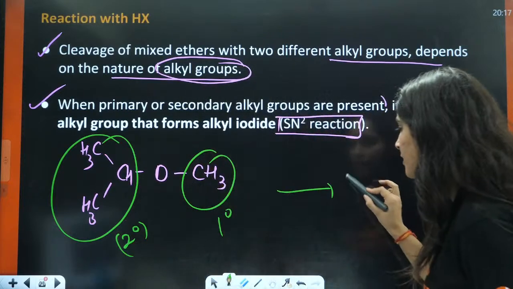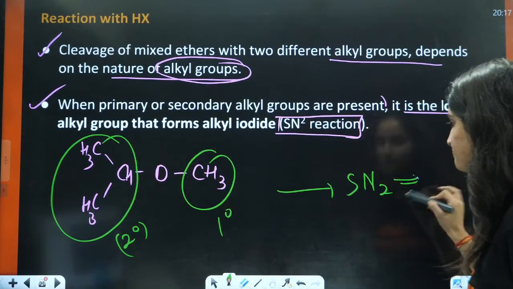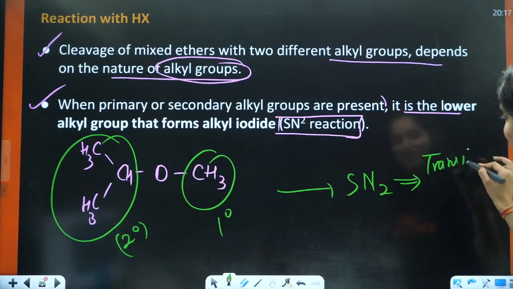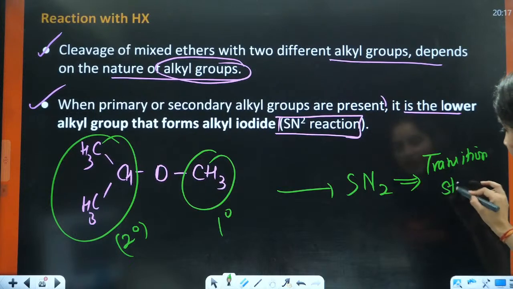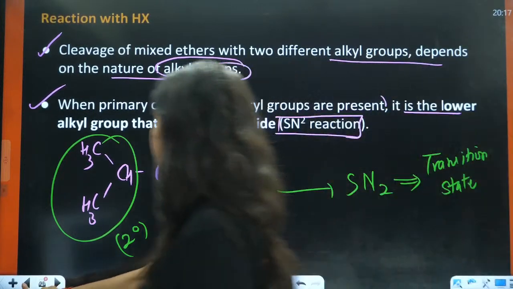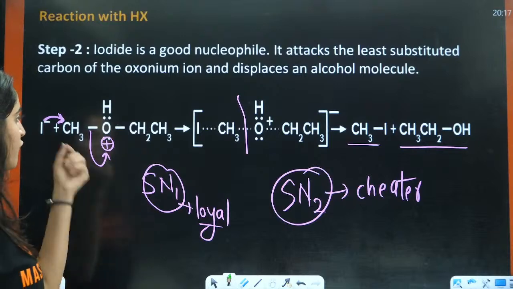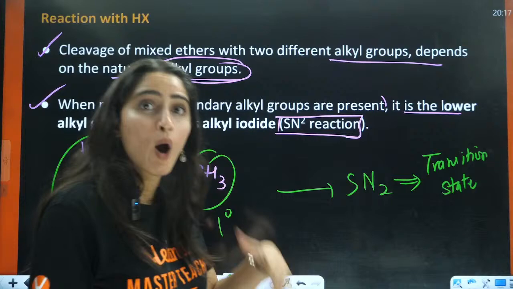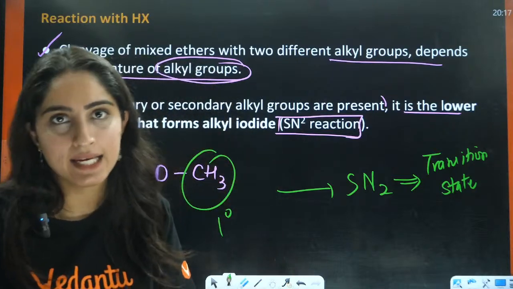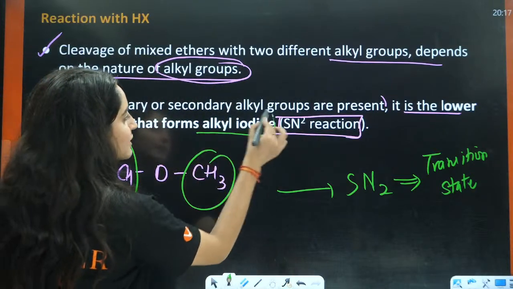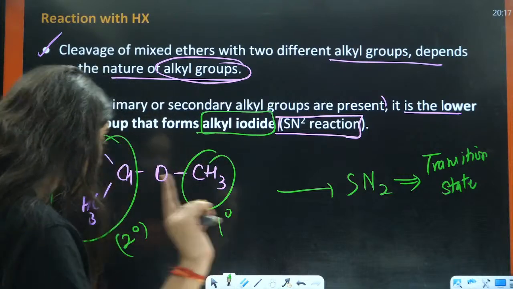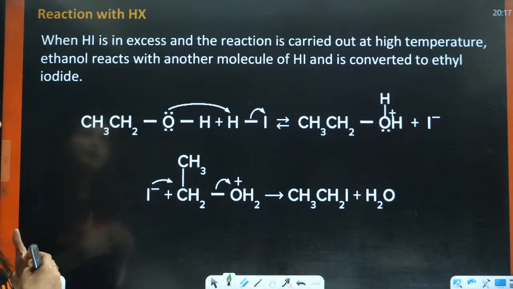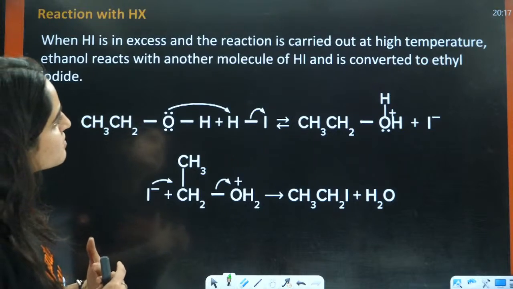So these will take part via the SN2 mechanism, that means via a transition state. In this case, the lower one will form the alkyl halide. This is the example they have given you here. When HI is in excess, wait a minute.